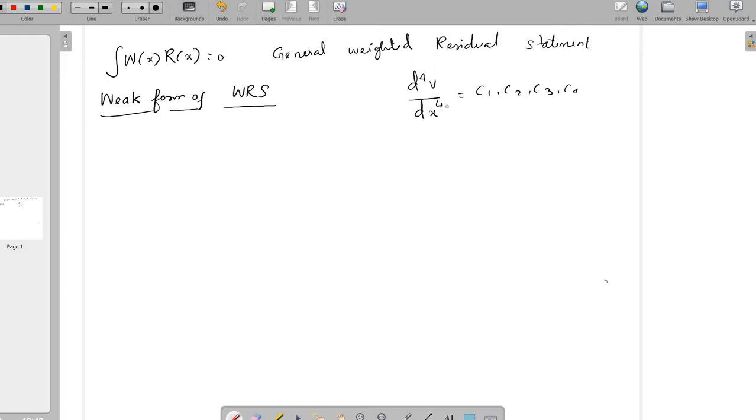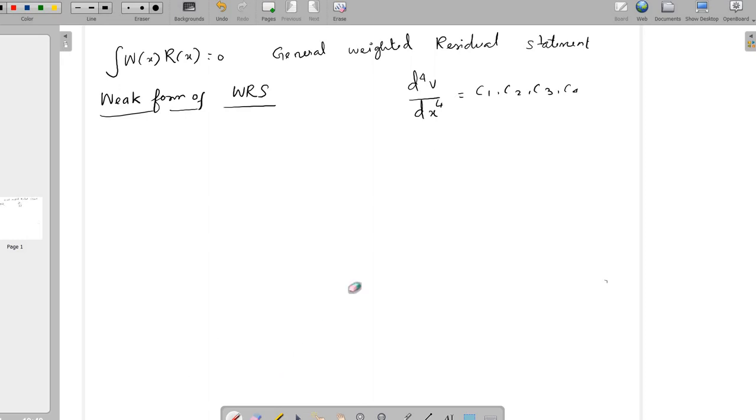When you use third degree, you use at least 3 constants. So it is very complicated to differentiate the equation and find the value of constants. So we are going to simplify or reduce the degree of the differentiation by making the weighted residual statement a weak form.